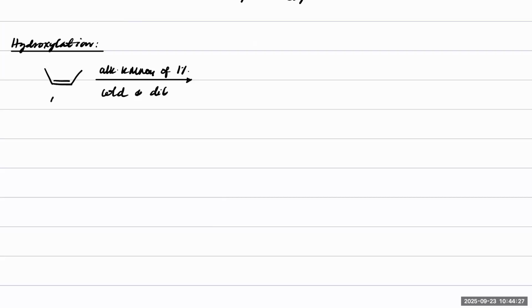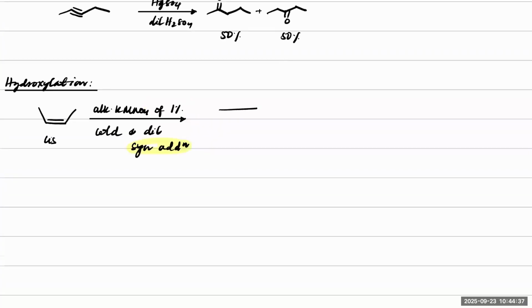Then the cis will undergo a syn addition. Through syn addition, you should be able to get erythro forms. So like this, we will get methyl and methyl here, OH and OH here, H and H here.